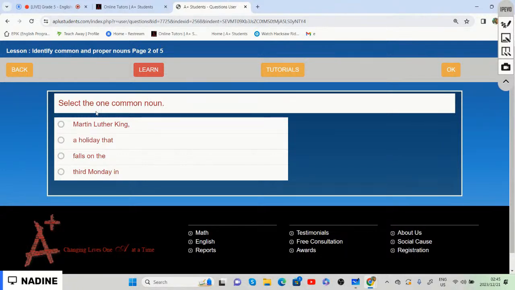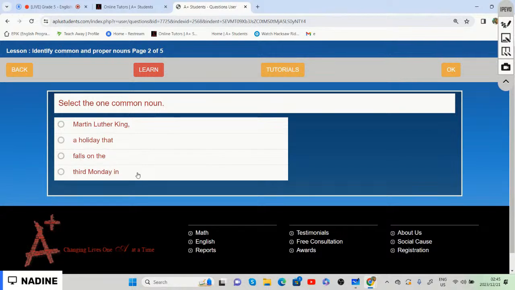So now we need to select the common noun, which is generalized. We're not specifying something, and we do not capitalize common nouns, right? Martin Luther King, a holiday that falls on the third Monday in.